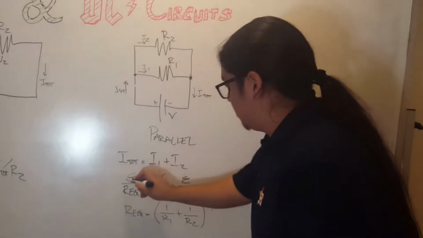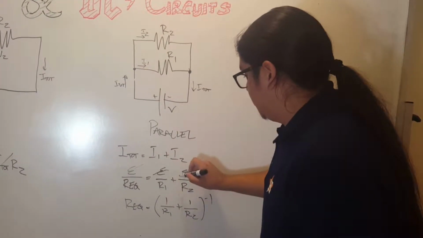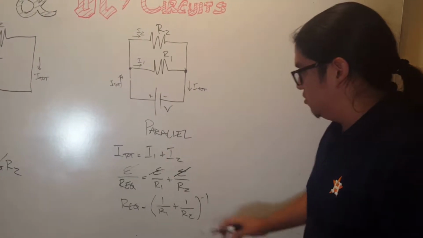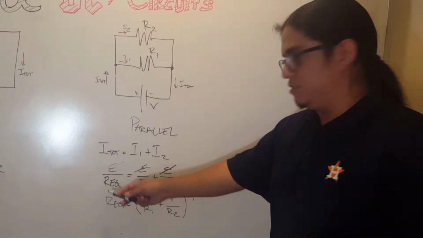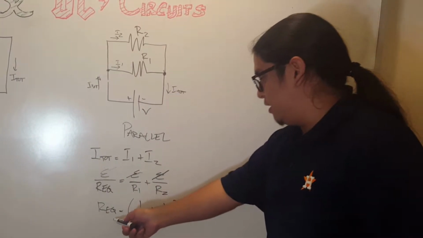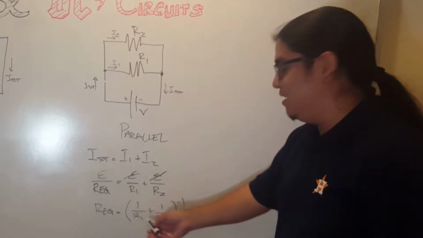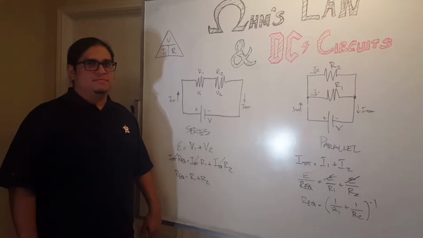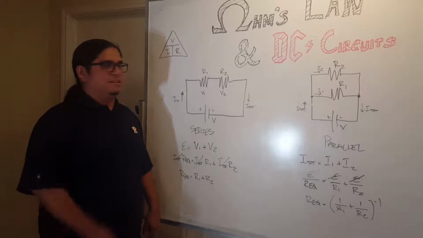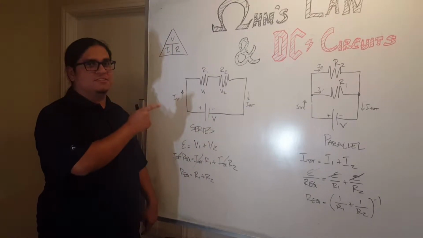So that means that we can cancel our EMFs, and you'll be left with the inverse of the equivalent resistance. Or you can write it out like this: the inverse of the sum of the inverses of the resistances. Now my partner Alex will demonstrate an example problem using what we have learned today.